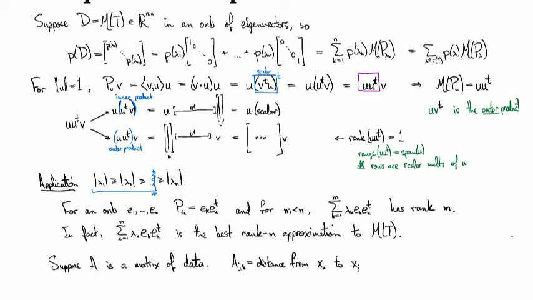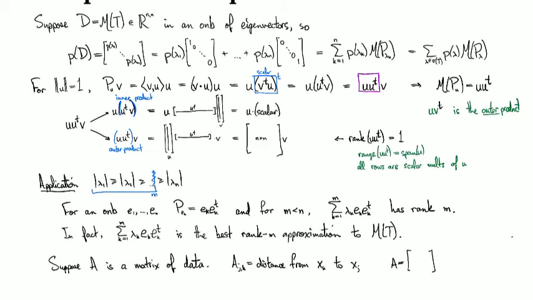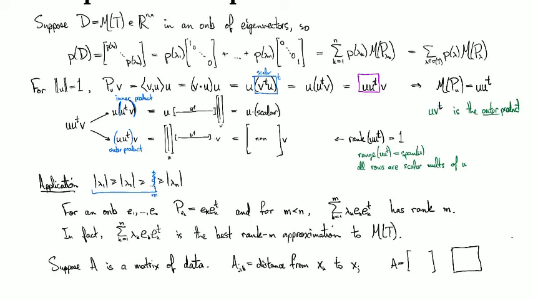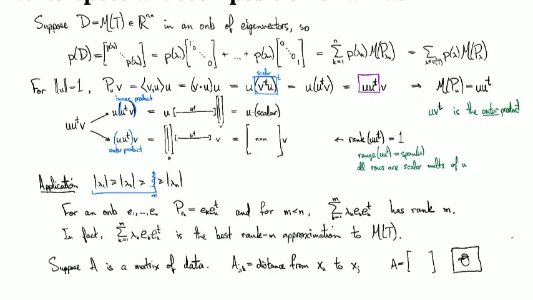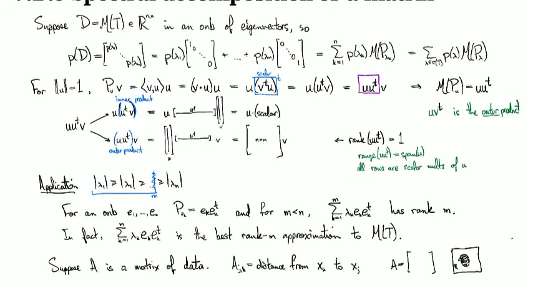That would be one example. Or suppose that A is some matrix which is actually representing the color values of some picture. So here's your friend wearing his hat and glasses, waving.